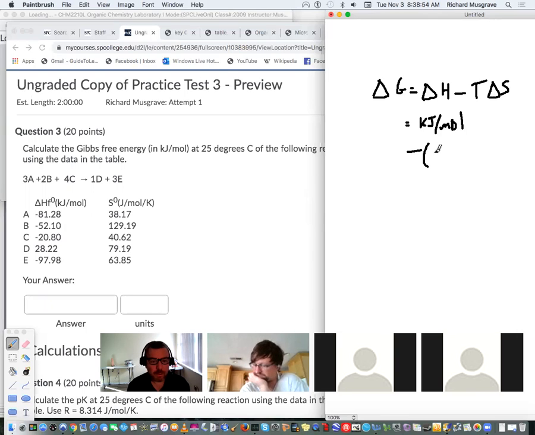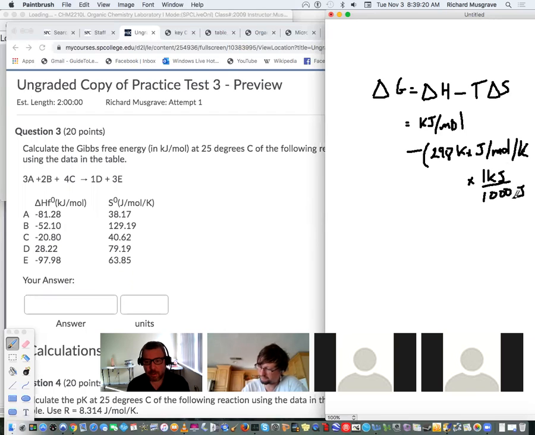The temperature here is given to you, 25 degrees, so it's definitely going to be 298 K times the delta S naught, which is going to be joules per mole per Kelvin, which necessitates a conversion. I showed you this in the units quiz earlier, into kilojoules. So you can see that by doing that, what we end up with is something kilojoules per mole minus, again, something kilojoules per mole.